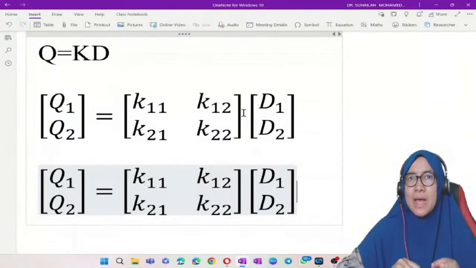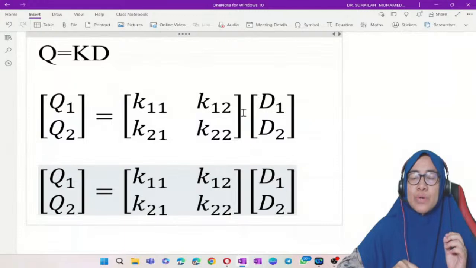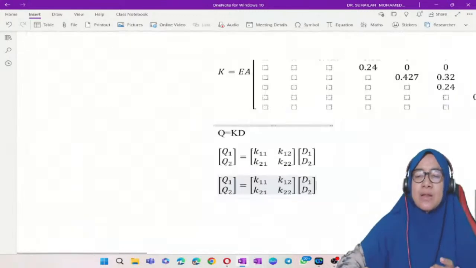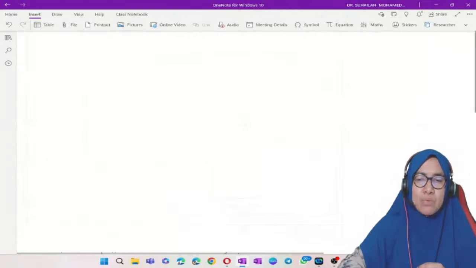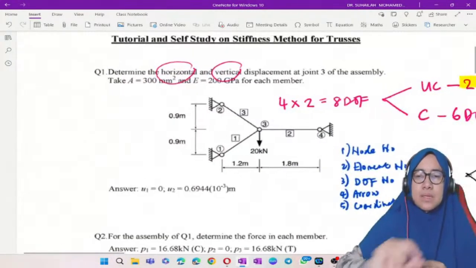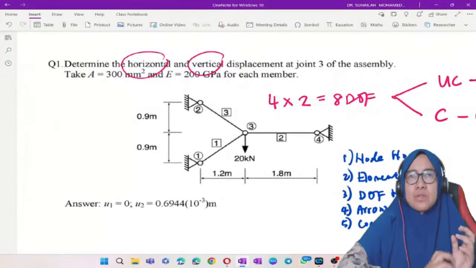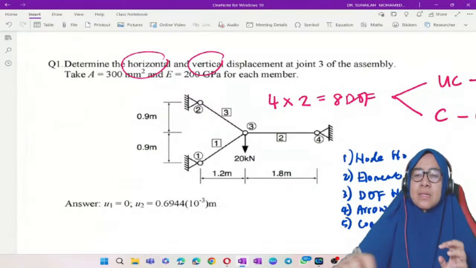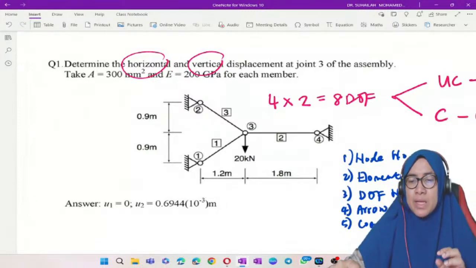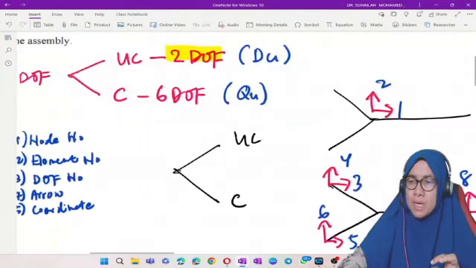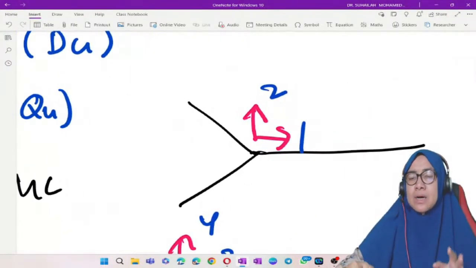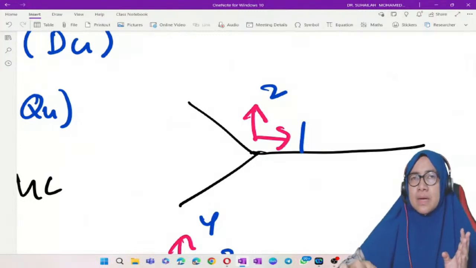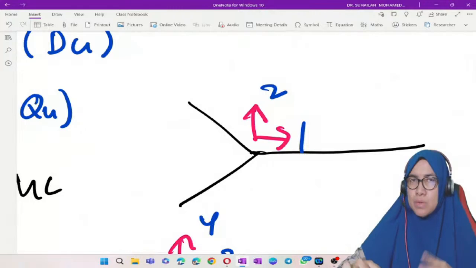D1 represents horizontal displacement at node 3, and D2 represents vertical displacement at node 3. Referring back to the question, horizontal displacement at joint 3 we label as D1, and vertical displacement at joint 3 we label as D2.